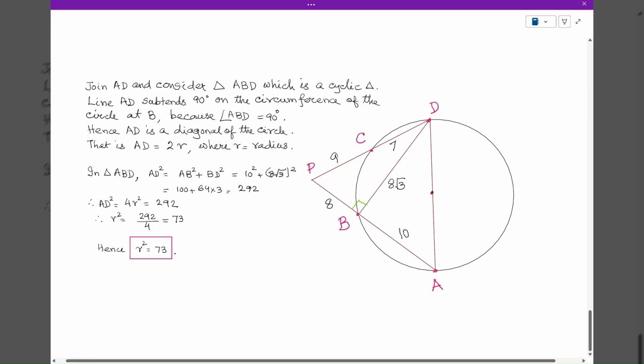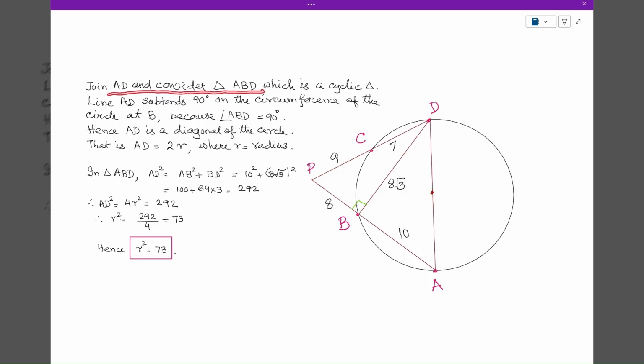Join AD and consider triangle ABD. Now, this triangle ABD is a cyclic triangle because all the 3 vertices of the triangle lie on this circle.